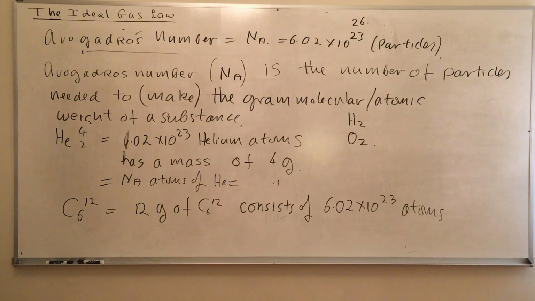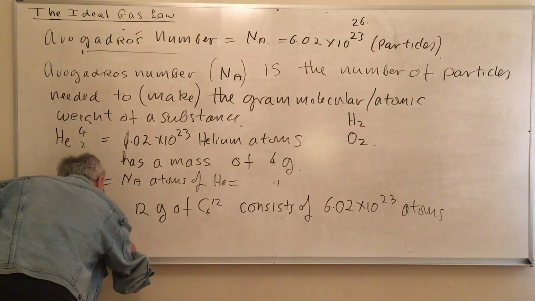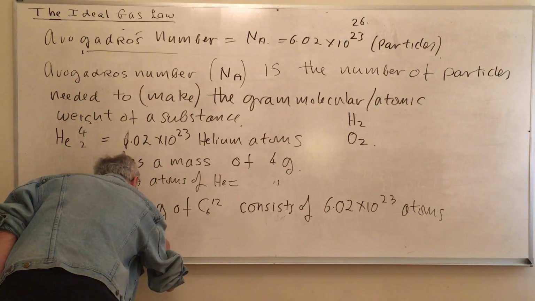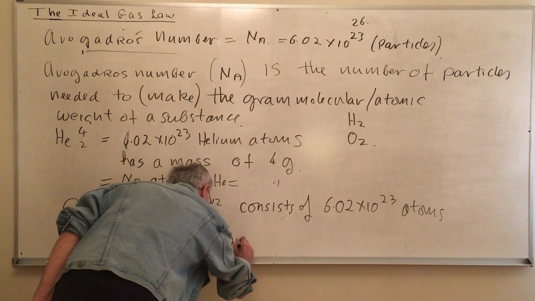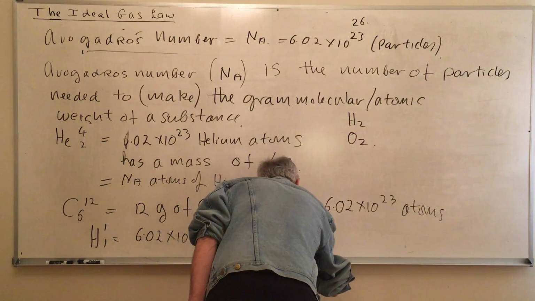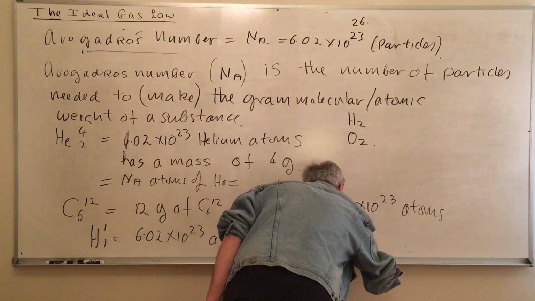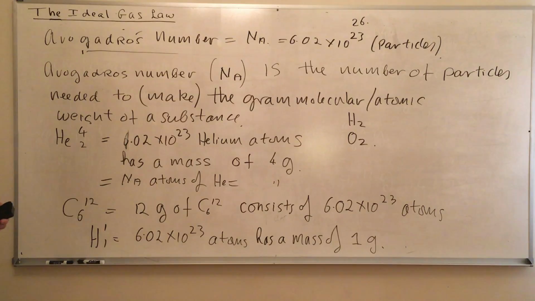And that makes sense. That's 12 times, each atom is 12 times the mass of one hydrogen atom. So therefore, if we had hydrogen as atomic, 6 by 10 to the power of 23 atoms of hydrogen has a mass of 12 grams.